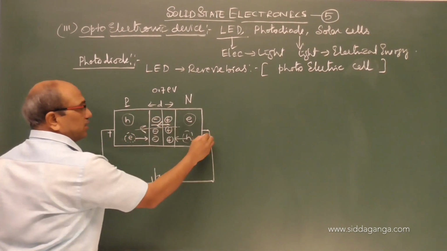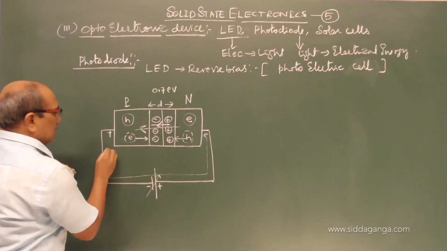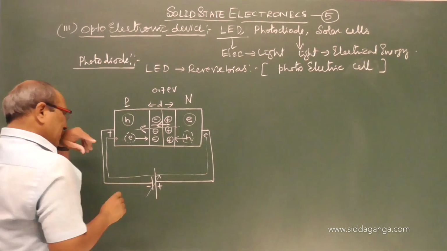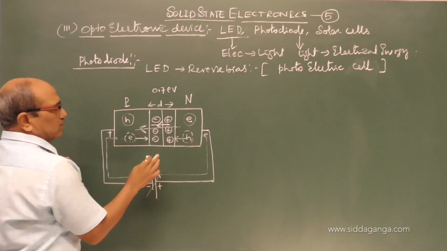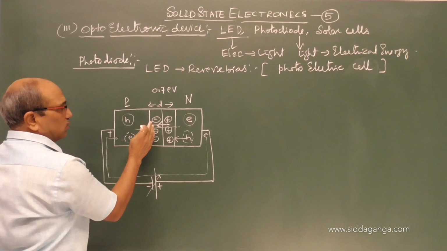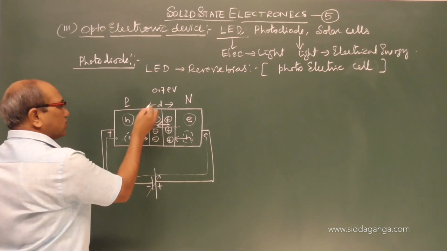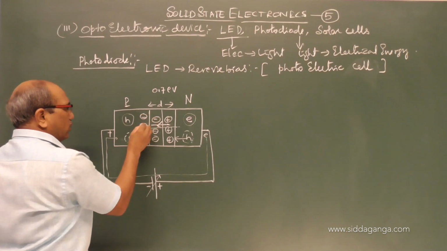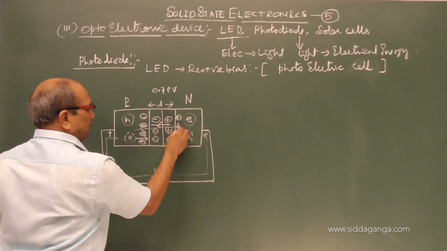Finally, an electron decides, why can't I go like this and enter here? This is called transient current. It temporarily comes and locks here. That is what we studied in reverse bias. As it is locking here, some new negative ions are created in this region, and there is loss of electrons.